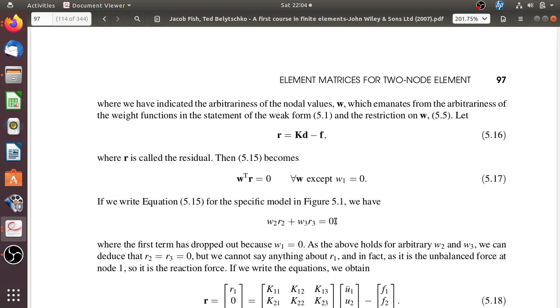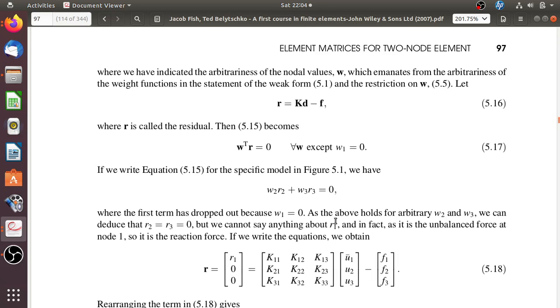Fine. And if you see here, this w2 and w3 can have any arbitrary value. So if they can have any arbitrary value, then this r2 and r3 have to be 0. Only then this equation can get satisfied.